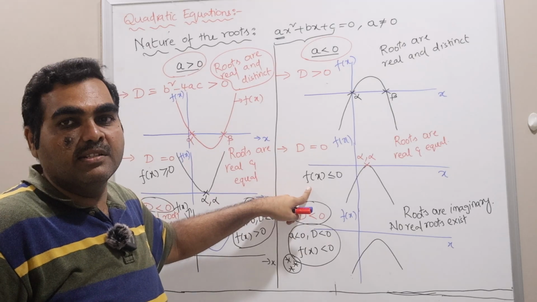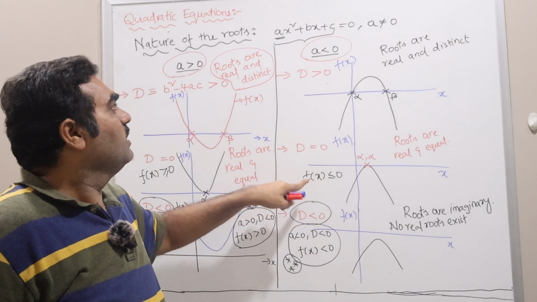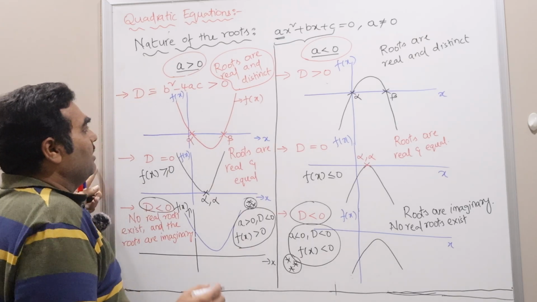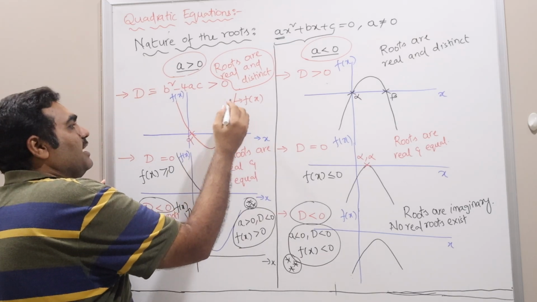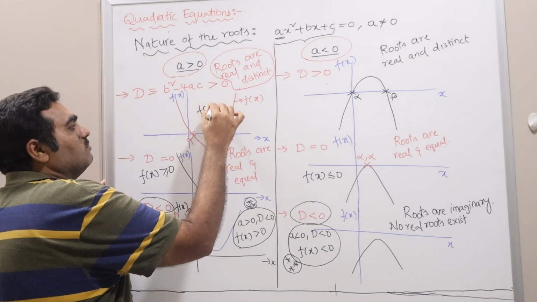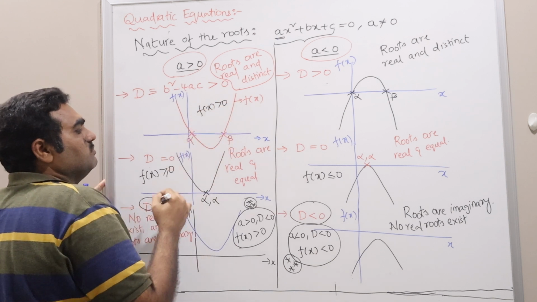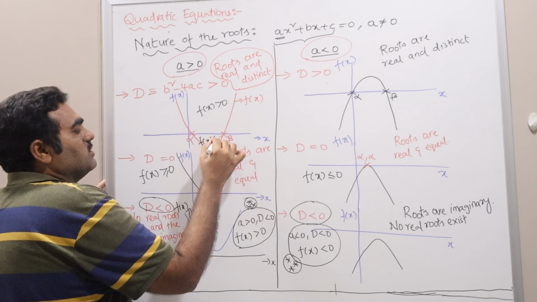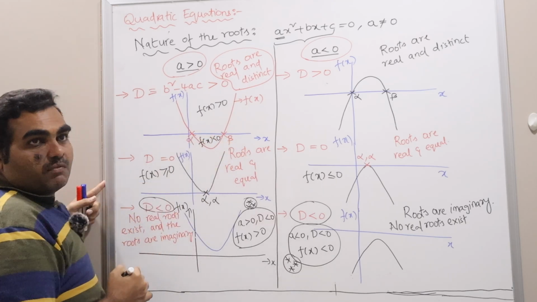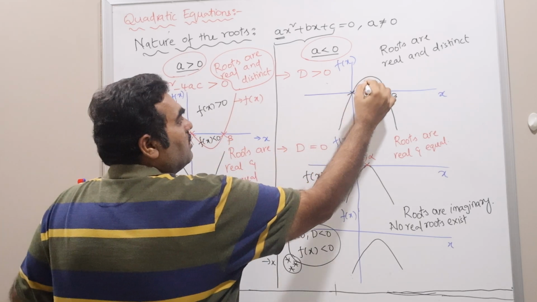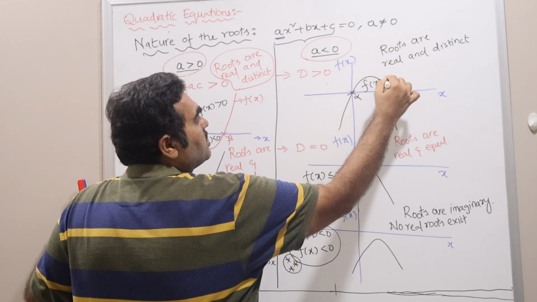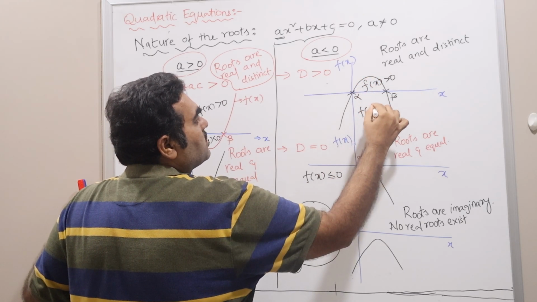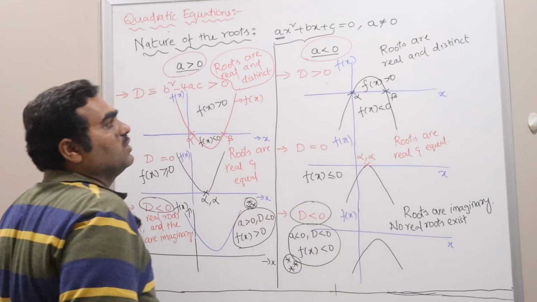These results are very, very important. Now for the first case, partially it is positive here in this region, and similarly it is negative here in this region. First case, here also partially it is positive here and partially it is negative here.